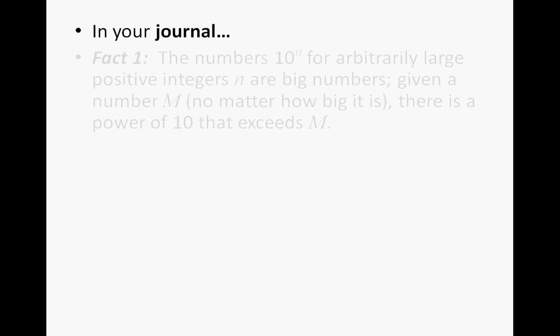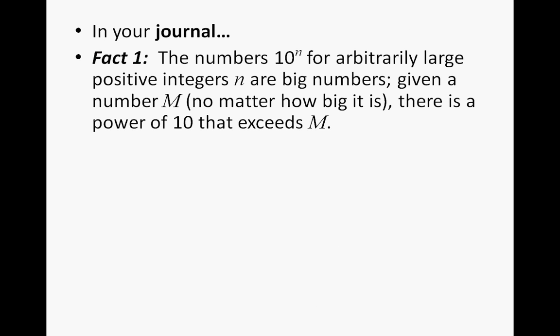Alright, so now you can start writing in your journal. We have our first fact. The numbers 10 to the nth power for arbitrarily large positive integers n are big numbers.